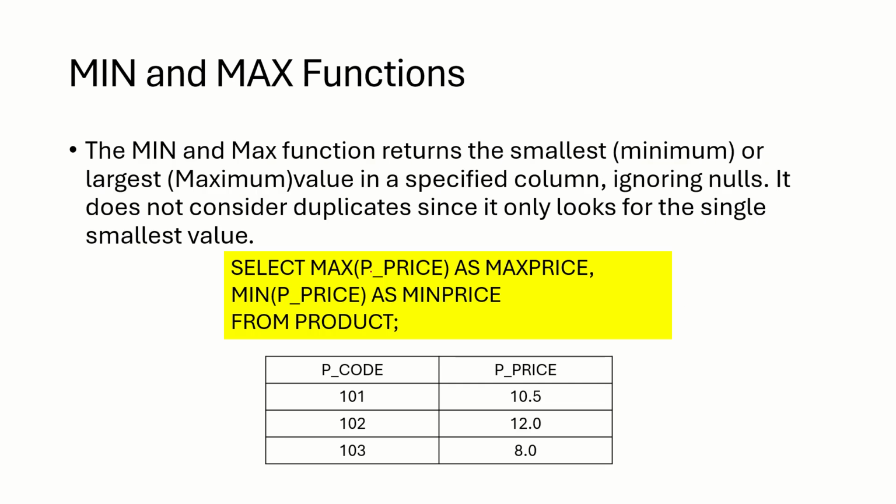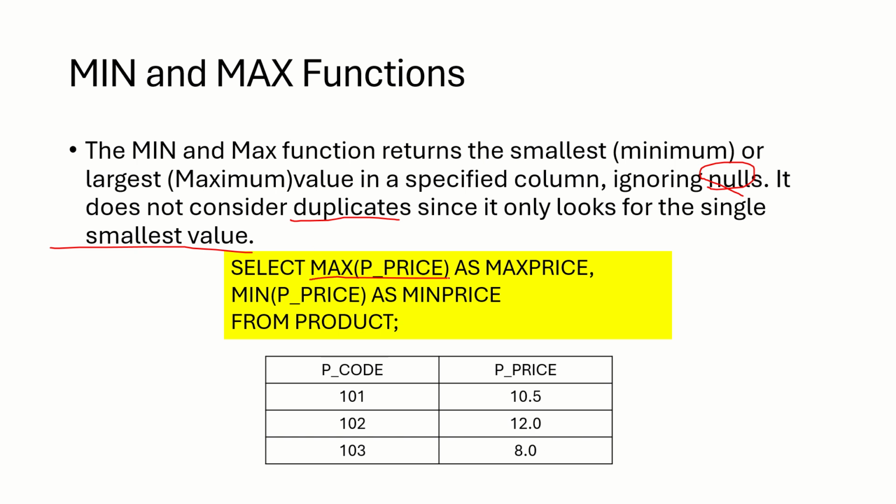Of course we have the minimum and maximum functions. Those functions will return the smallest or largest value in a specified column, ignoring the nulls. It does not consider duplicates since it's only looking for the single smallest or largest value.